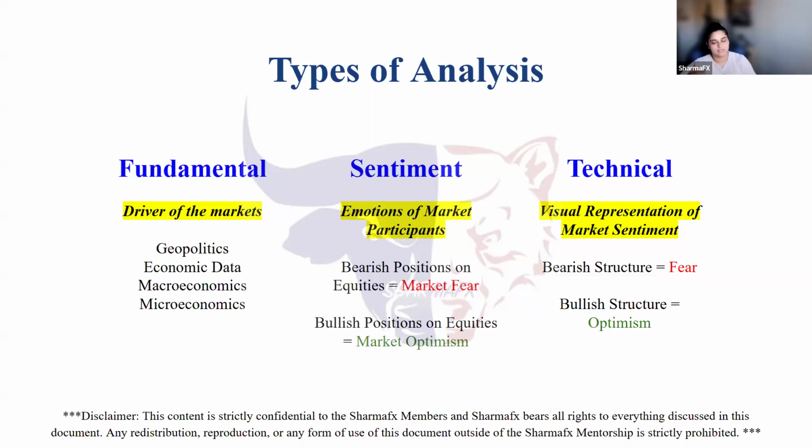All of that translates to what we call the visual representation of the fundamental and the market sentiment, which is technical analysis. This, I think, out of the three is the easiest thing to nail down because you are visually seeing it. You have candlesticks, you have line charts, whatever you use. Most of the time, you're going to see people using candlesticks, support resistance, break and retest, impulse entries, supply demand, patterns like head and shoulders or inverse head and shoulders.